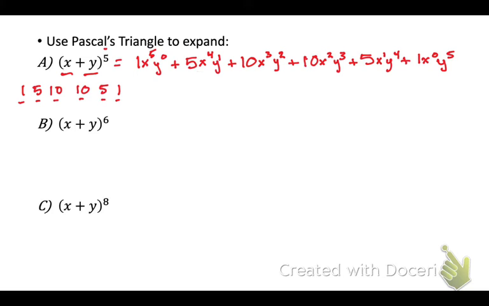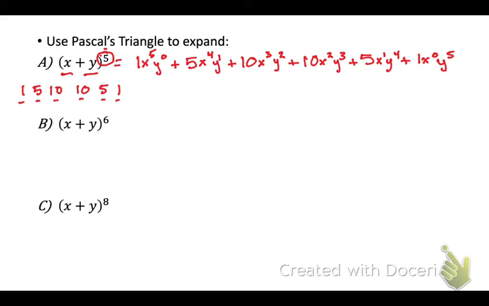Okay, so what do you know about the exponents in all the terms? Look at them. What's their sum? What's 5 plus 0? 5. They all add up to what? 5. What was the degree over here? 5.